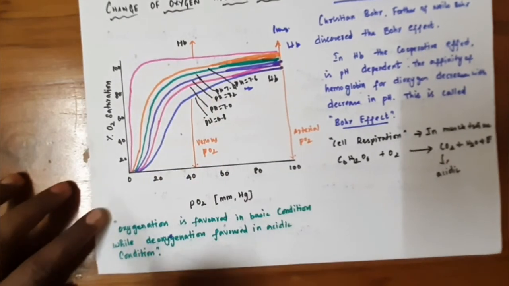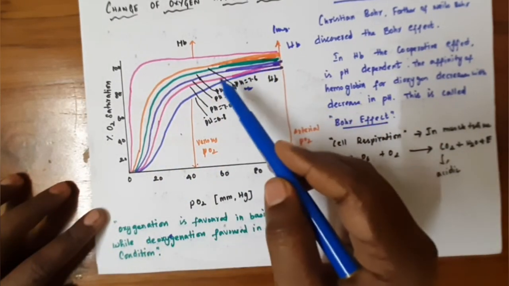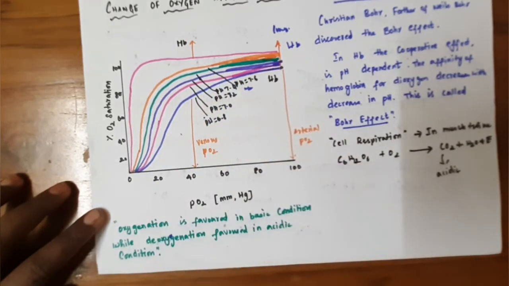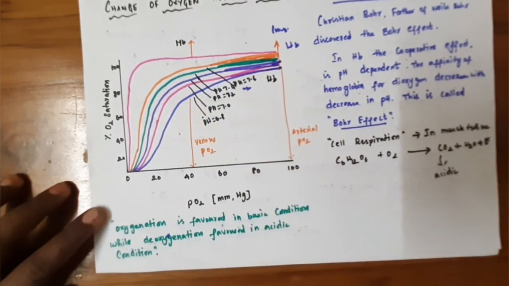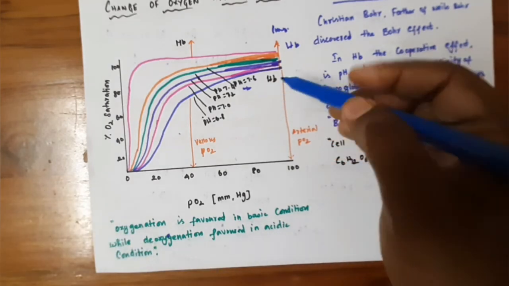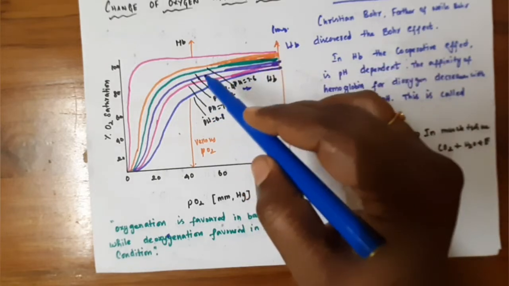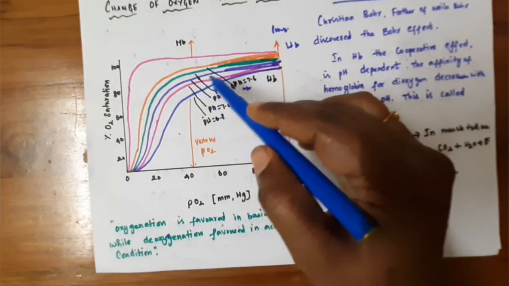Okay, so it transfers the oxygen to the myoglobin. Oxygenation is favored in basic condition while deoxygenation is favored in acidic condition. So deoxyhemoglobin is favored only in acidic condition, and oxyhemoglobin is found only in basic condition.